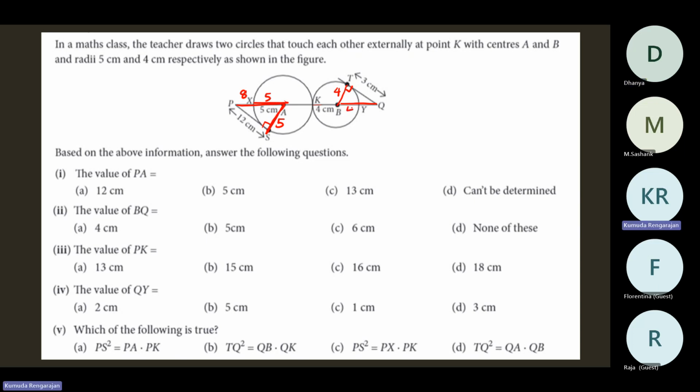But this is 4, so this will be 1. 3, 4, hypotenuse is 5. The hypotenuse BQ is 5, but the radius is 4 here. BY is 4, so YQ is 1.